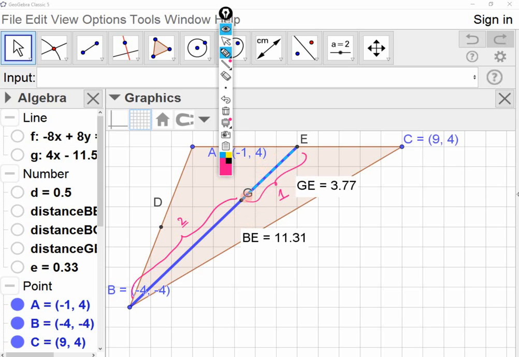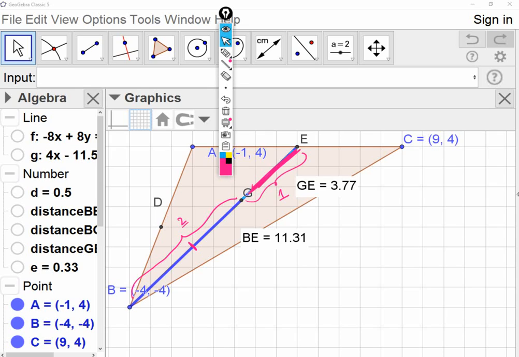So that means there's a point right there that would allow this GE, if I cut and paste that GE, I could cut and paste it 3 different times going down this entire median. So one of those distances compared to the entire thing would be 1 out of all 3 of them.